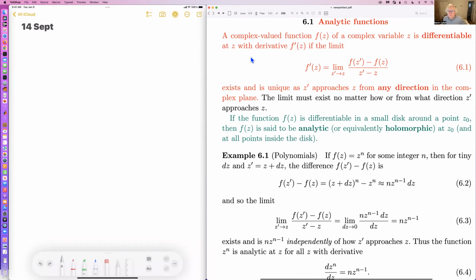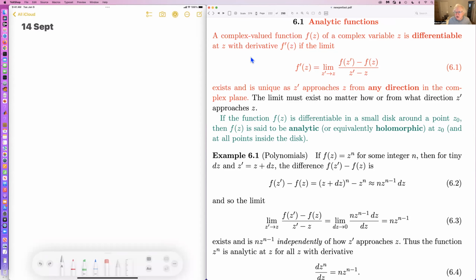Okay, so analytic functions. First of all, we're talking about a function, f of z, that's a complex valued function of a complex variable. So in other words, we're talking about z equal to, let us say, x plus iy.